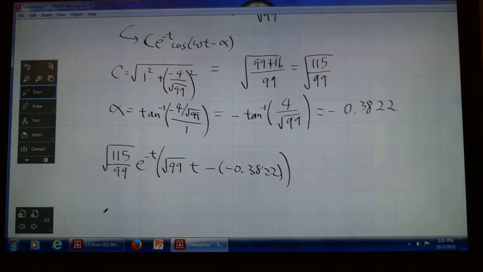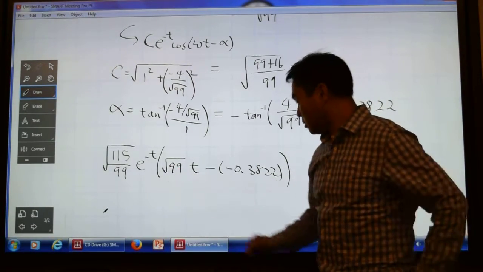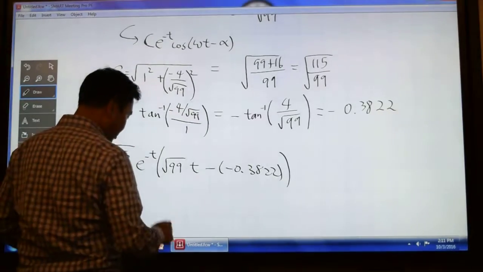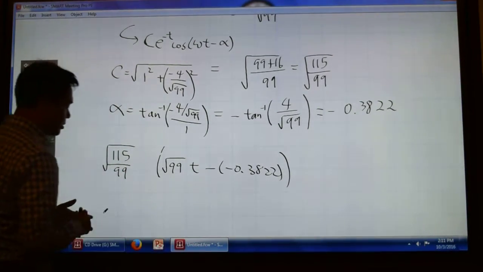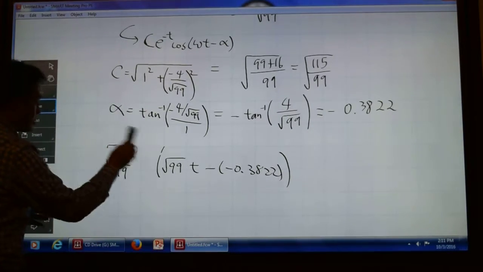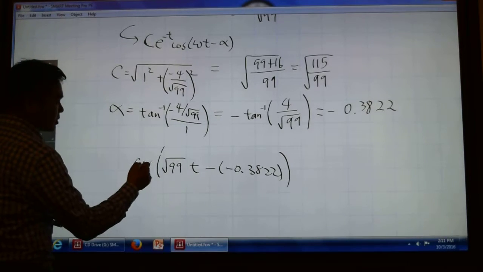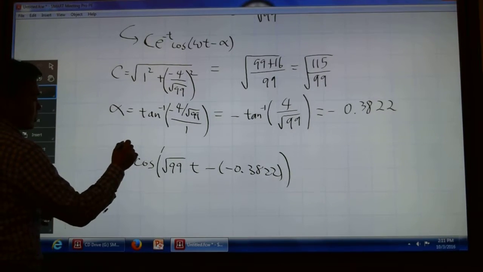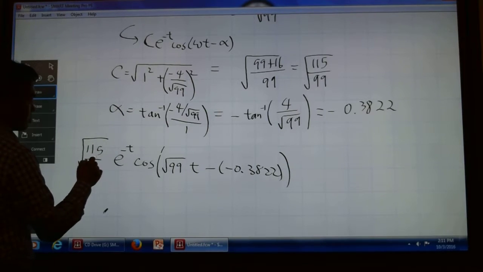So once you have that, I forgot to put the cosine function. Sorry, it should be the cosine function before. Let me erase this one. This should be inside the cosine function, so e to the negative t, square root of 115 over 99.